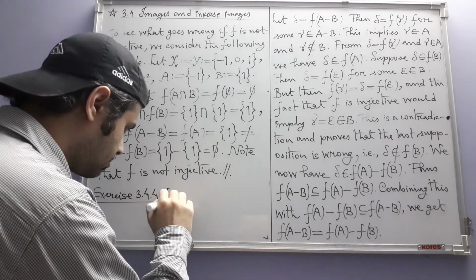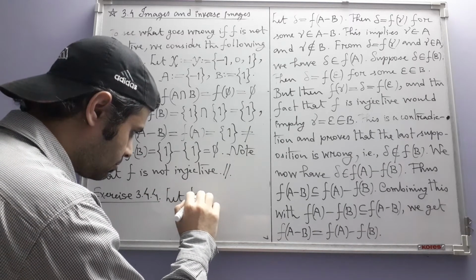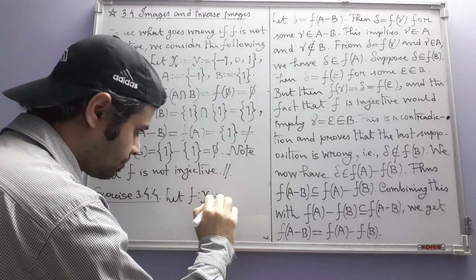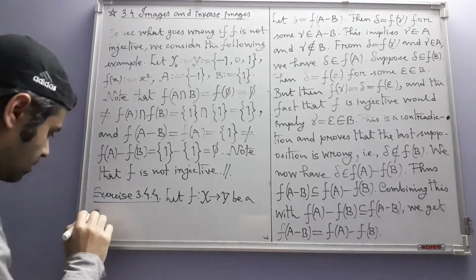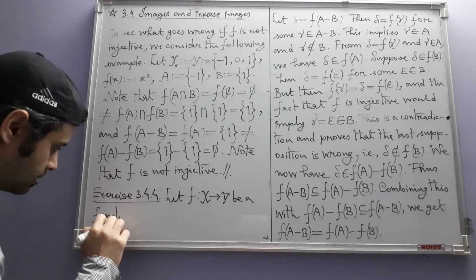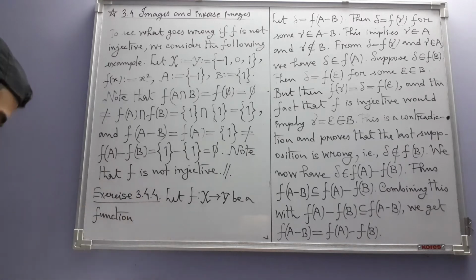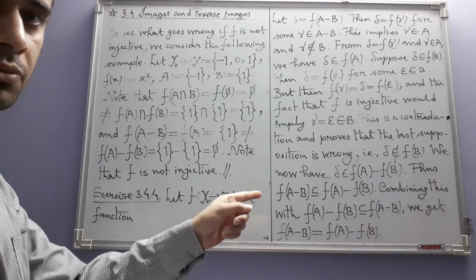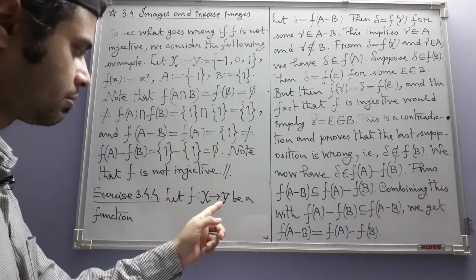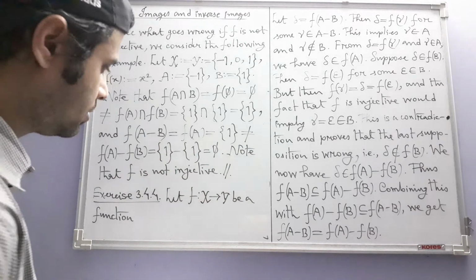Let f from X to Y be a function. The starting is the same, but now instead of considering subsets of the domain, we are going to consider subsets of the range.